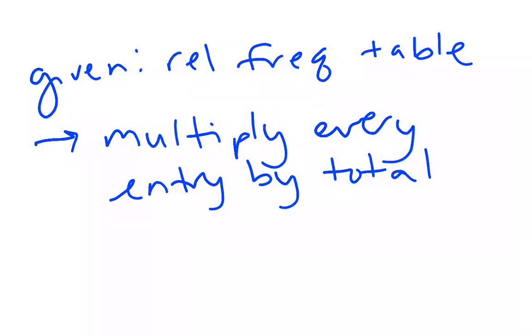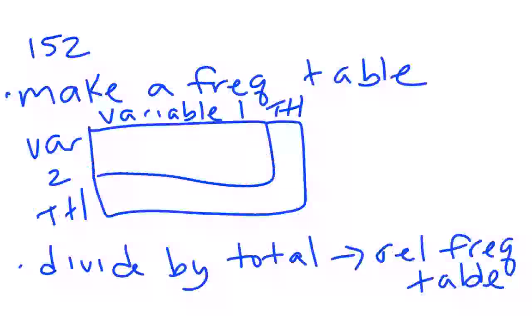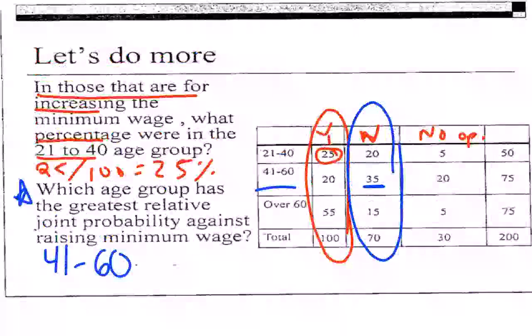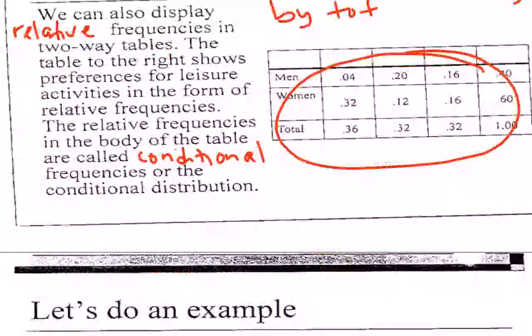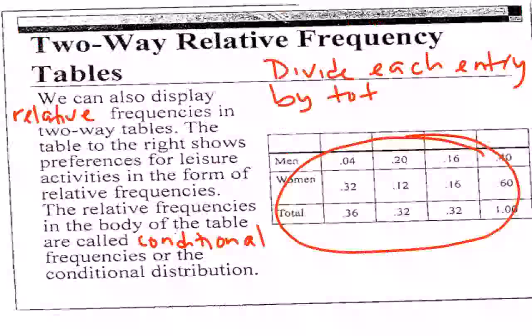And one other thing, I'm going to scroll back to one of these pieces of paper where we looked at the relative frequency table. And let's talk about that some more. Notice in the bottom right, it says 1, because I'm accounting for 100% of my data.